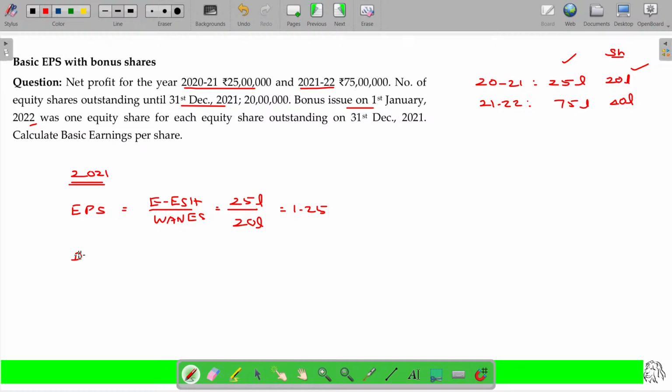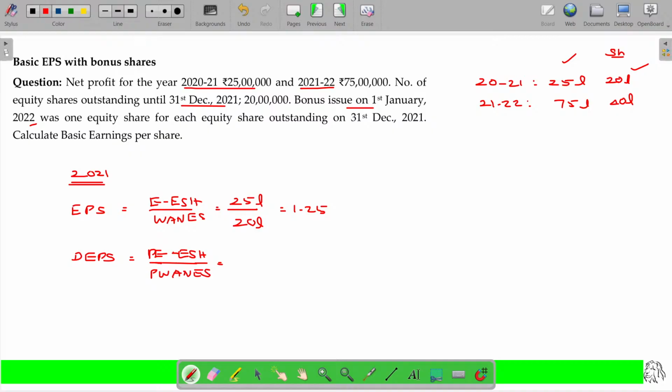it should be reduced to some lesser value so that the bonus will have the dilution. So you have to calculate the diluted EPS here. The diluted EPS is earnings available to equity shareholders divided by potential weighted average number of equity shares. There is no change in revenue because of the bonus shares. Because of the issue of the bonus shares, the number of shares increases.